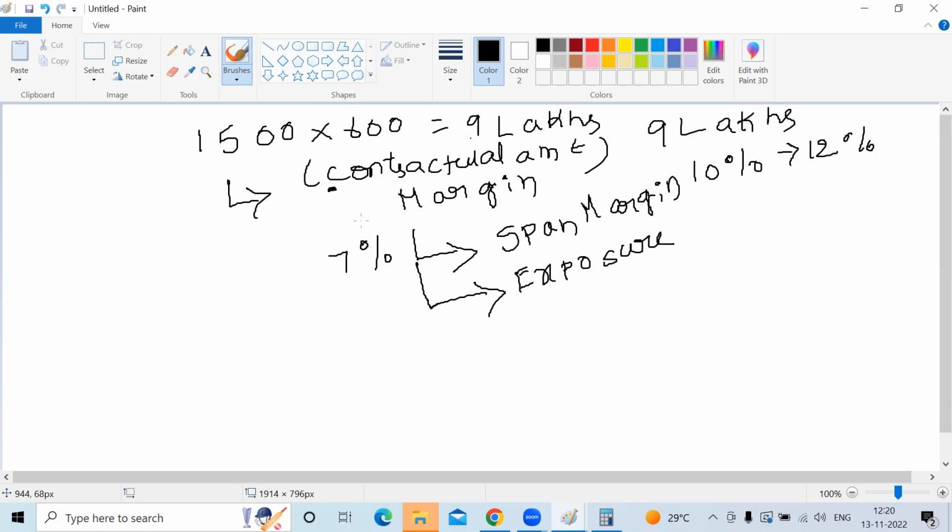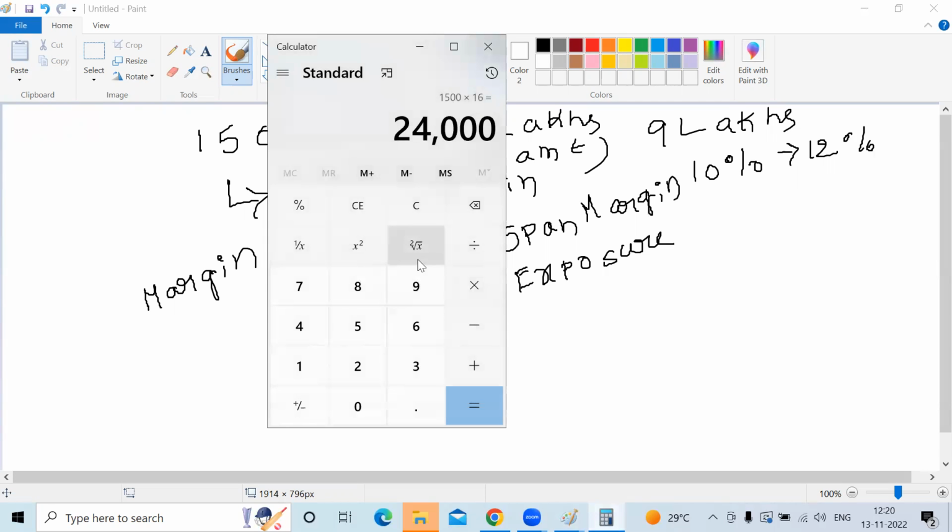So 7% of 9 lakhs you need to pay as span, and 5% of 9 lakhs you need to pay as exposure margin. Both combined are called the margin amount you need to pay. Okay, assume I will see how much is 7%.